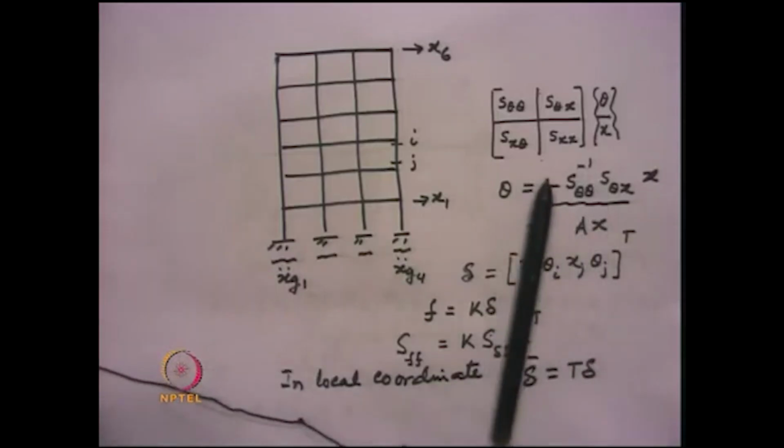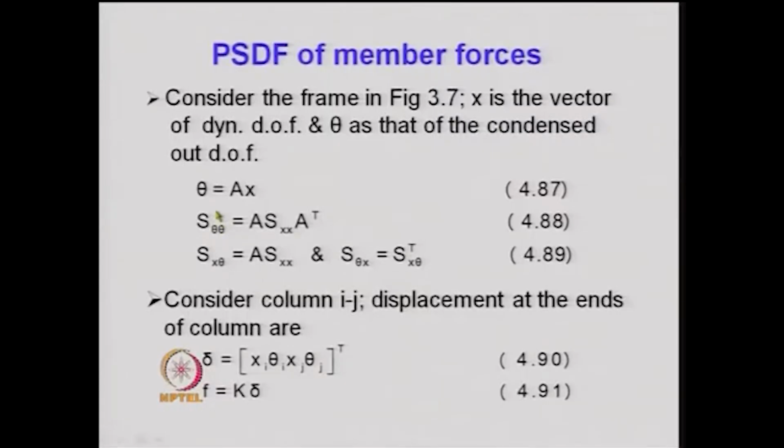Once we know the relationship between the theta vector and the x vector through matrix A, then one can obtain the power spectral density function of the rotations in terms of the power spectral density function of the displacements using this equation.